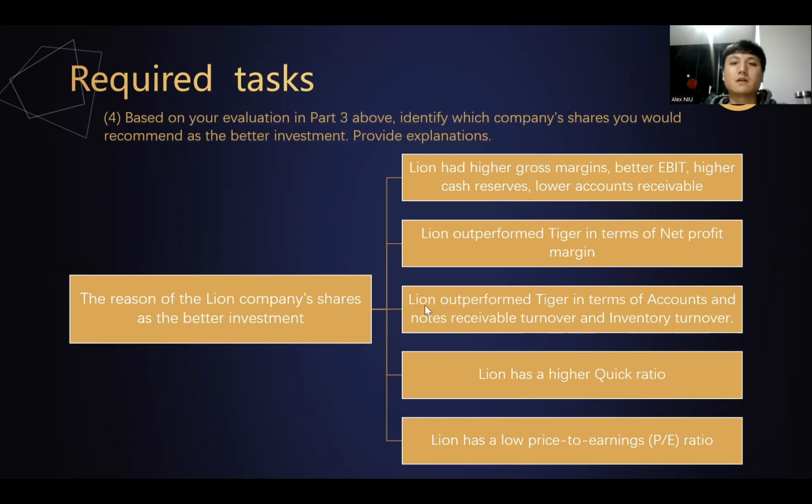Number three, Lion outperformed Tiger in terms of accounts and notes receivable turnover and inventory turnover. Number four, Lion has a higher quick ratio. Number five, Lion has a low PE ratio.